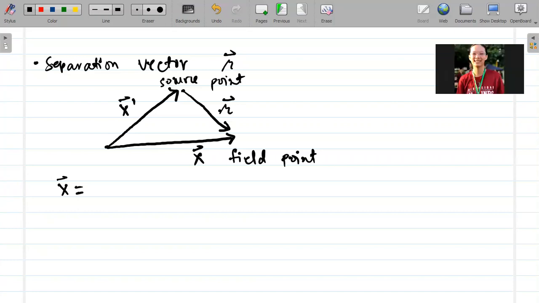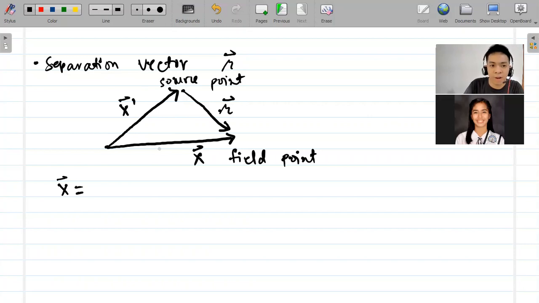Nasaan si Bea Vidalion? Anong value nito? Tingin ka dito sa diagram natin. Ano lang yan? Vector addition lang yan. Anyone? Si Angela May.